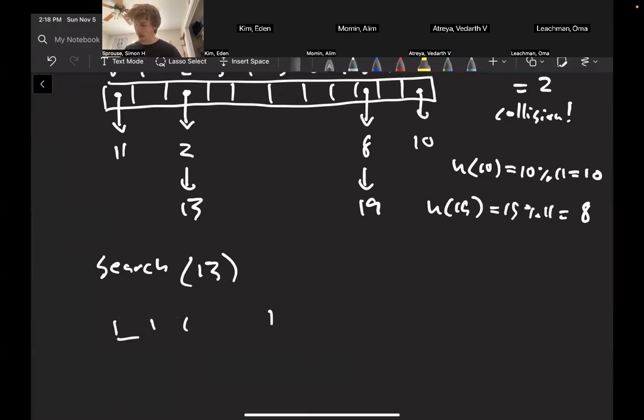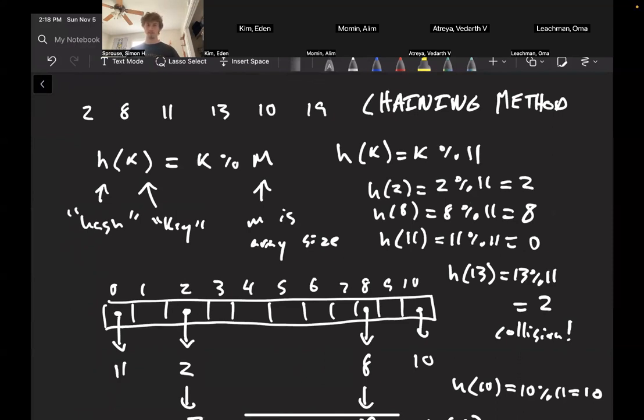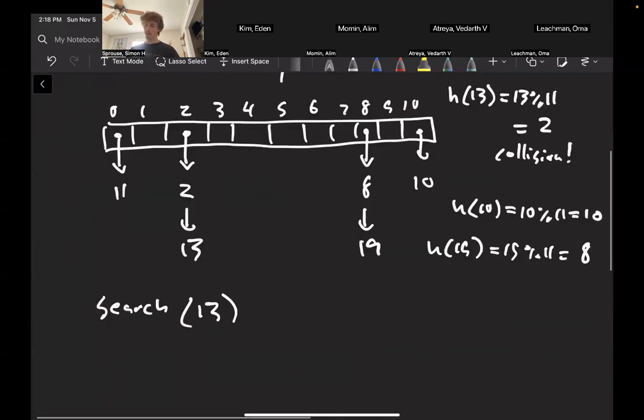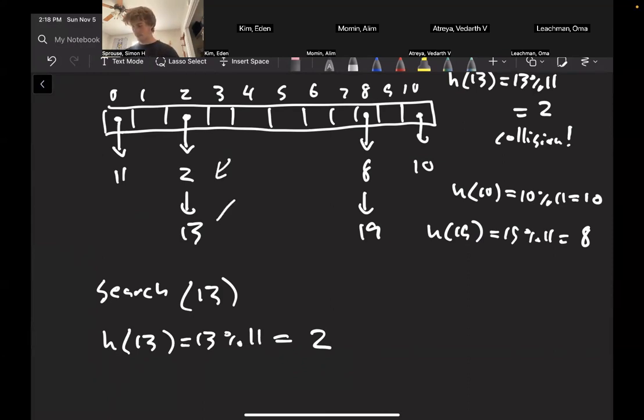But because we have a function, which in this case is h, that maps elements to the position in their array, we know exactly where we're going to find 13, because we can just call this function. So hash of 13 is 13 mod 11, and then immediately we know if we're looking for 13, we find it at bucket 2, and then we traverse bucket 2 until we find it. So this is O of 1 time.